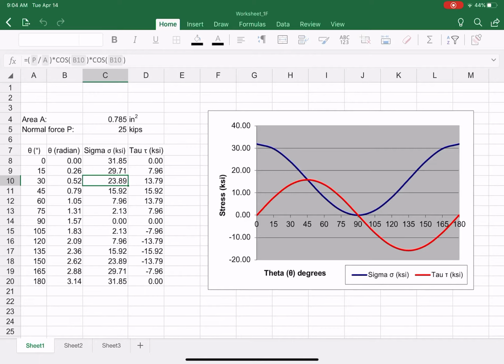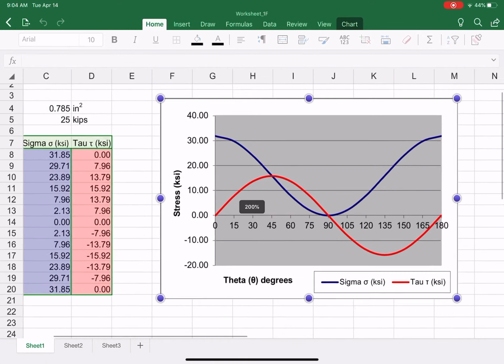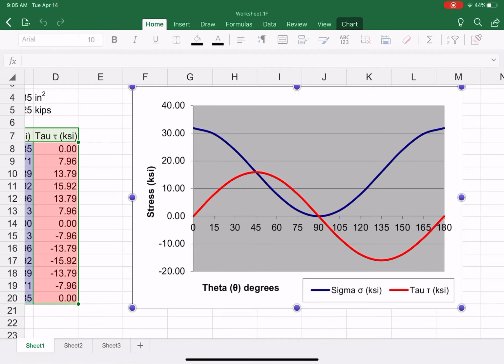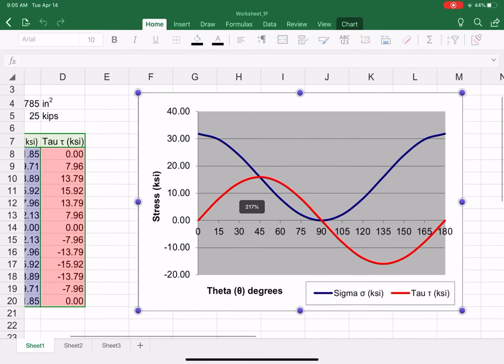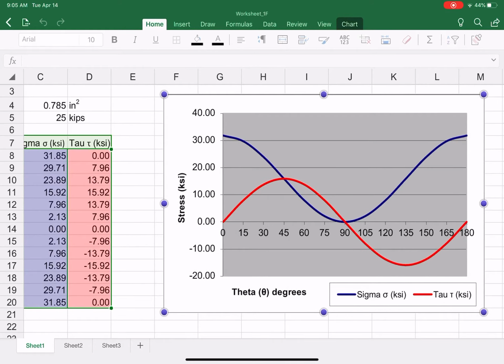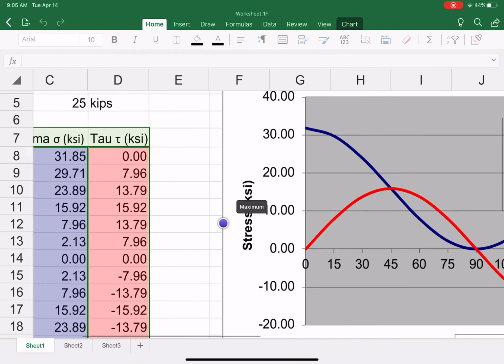From that, we can plot with the horizontal axis as theta in degrees from 0 to 180, and the stress varying. As you can observe, when we cut at angle theta equals 0, the transverse cut, and then go back to 180, also a transverse cut, the normal stress gets the maximum, and in this case the maximum is 31.85 KSI.